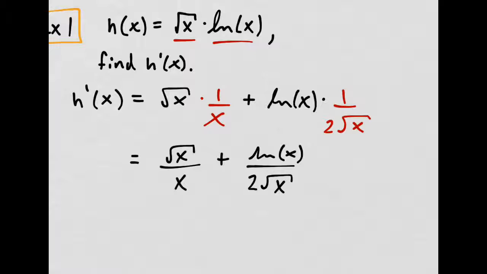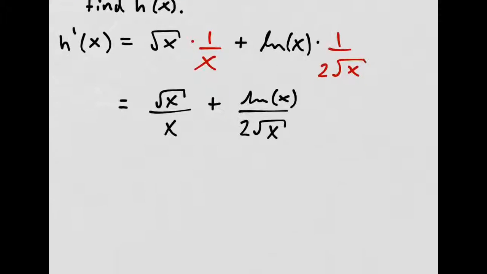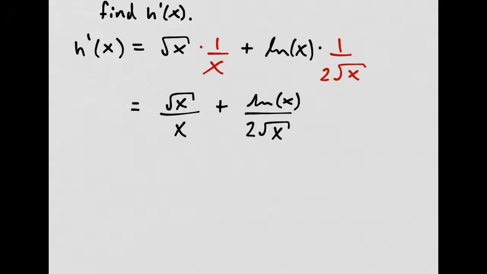I'm just going to show you a couple ways that you could simplify this. Actually, if I rationalize the second one, you might get a common denominator. So I'm going to do that. I'll multiply by square root of x. You don't have to do this, but some of the answers on Khan Academy might have them simplified, so it's good to look at that.